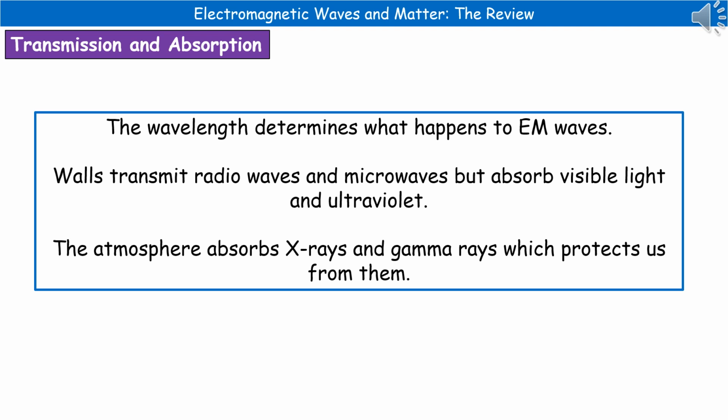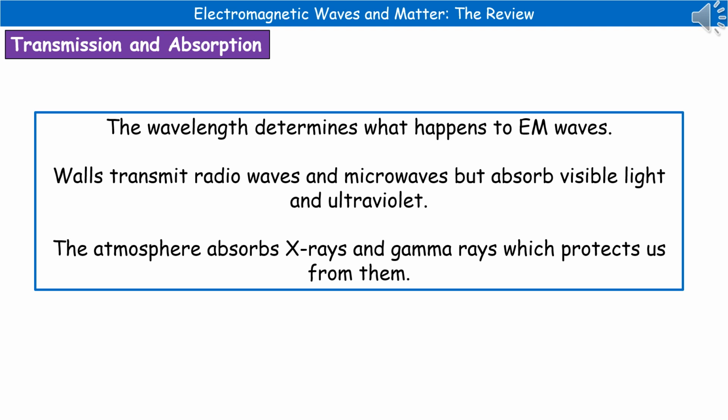When we're thinking about our electromagnetic waves, the last thing we really need to consider is what happens in terms of transmission and absorption. And the answer is it's all dependent on their wavelength. If we consider a couple of examples, if we think about sitting in our house, in order for us to be able to see outside, we've got to have a window, because visible light can't pass through the brick walls of our homes.